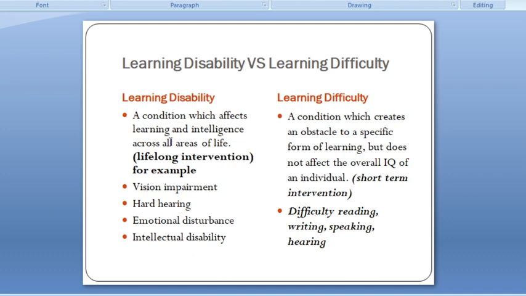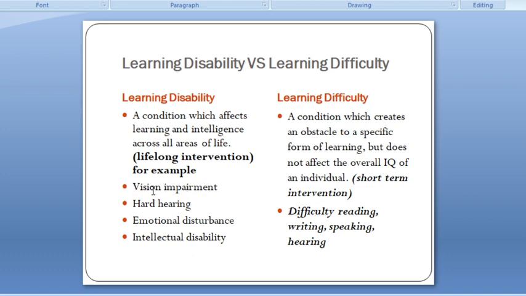It will be throughout his life. It's a lifelong intervention. This disability cannot be cured, and it is a lifetime disability.